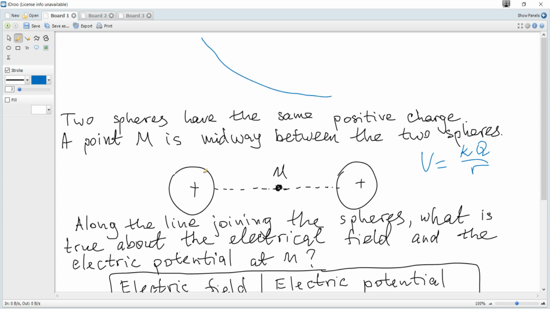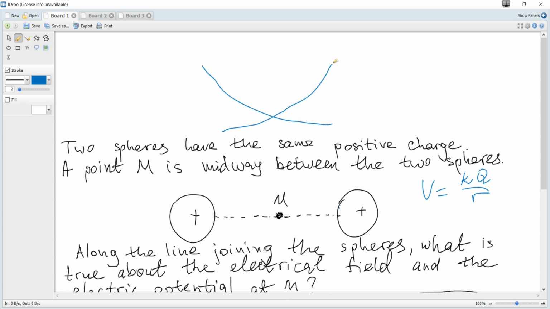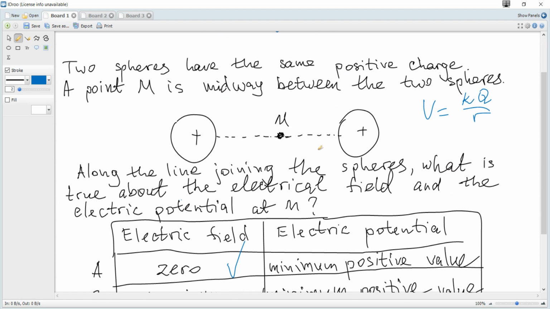It decreases with distance from this charge, and the potential produced by this charge is also inversely proportional to the distance from it, and decreases. And since potential is scalar, the resultant potential is the sum, so we just consider the sum of these two functions, and it looks something like this. So at M there will be a minimum value of potential.